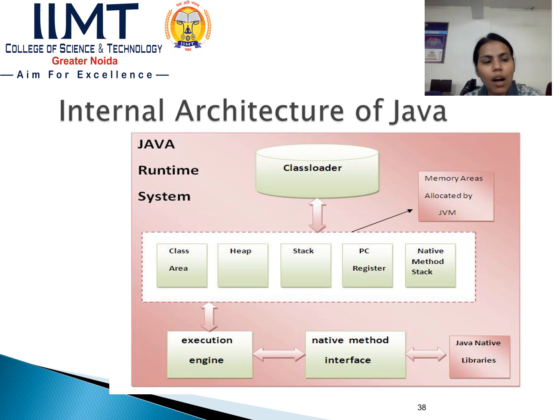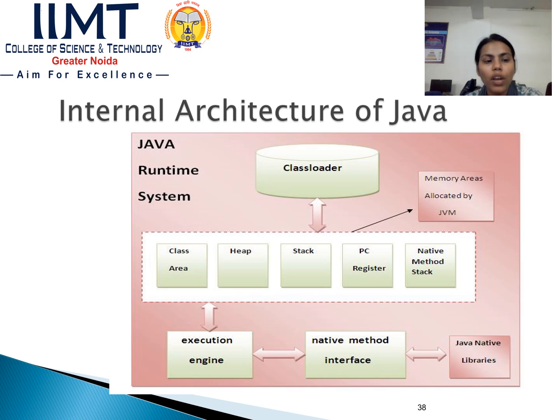Okay. Now, the class (method) area stores per-class structures such as the runtime constant pool, field and method data, and the code for methods. Heap is a runtime data area in which objects are allocated.